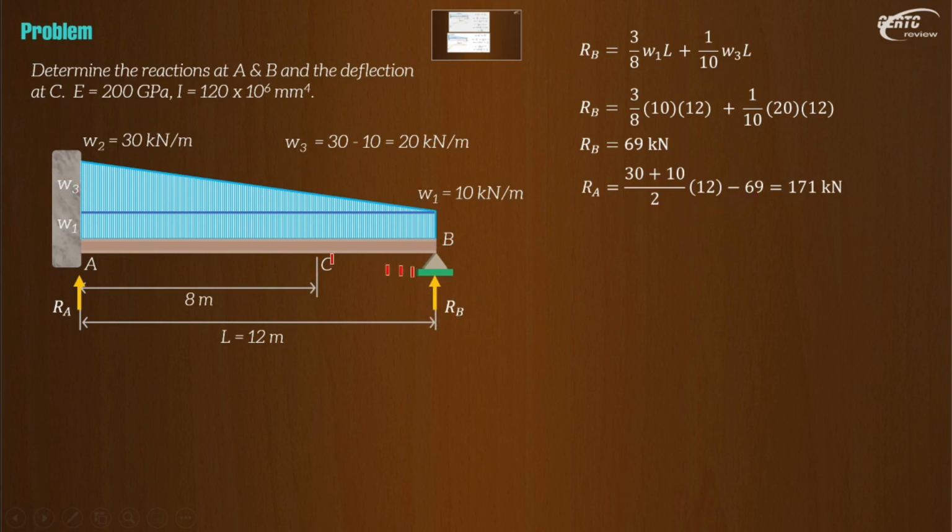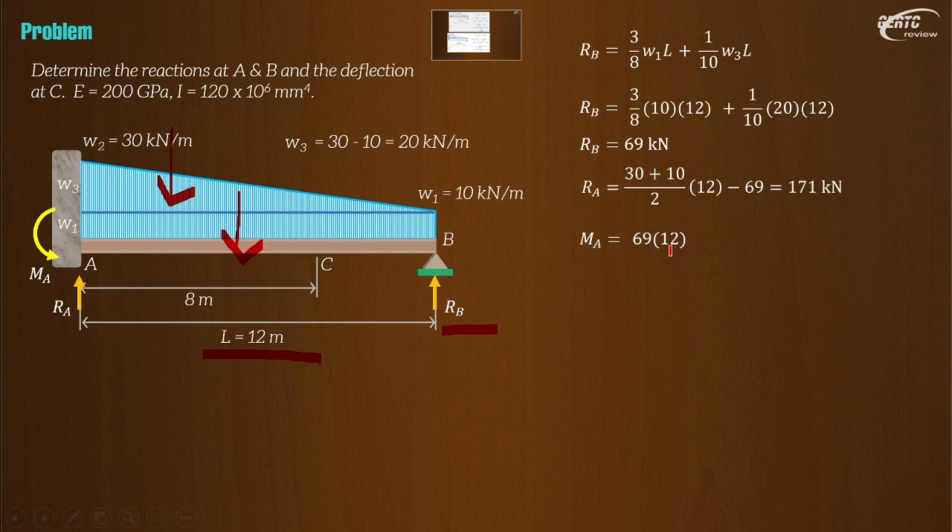So, for the moment at A, that will be RB times the length, and then minus the moment caused by this load here and the moment caused by this varying load. That will be MA, positive RB times 12. Why positive?